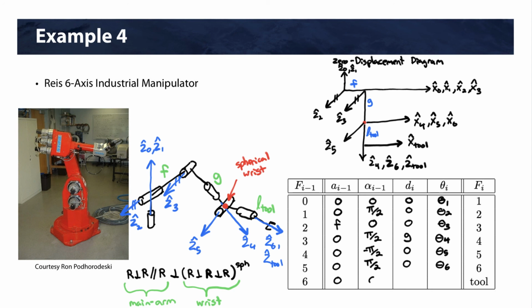They're in the same direction, so that's going to be 0. We're going to have this tool length, L tool here, and it's not a joint, so there's no angle associated there, so that's 0. All right, and so that is the D&H parameters for this 6-axis industrial manipulator. And like I said, the Rice is just one brand. There's all sorts of industrial manipulators that have this layout.